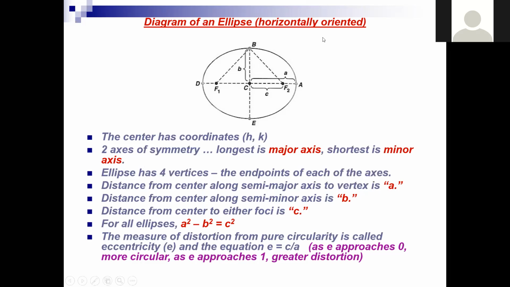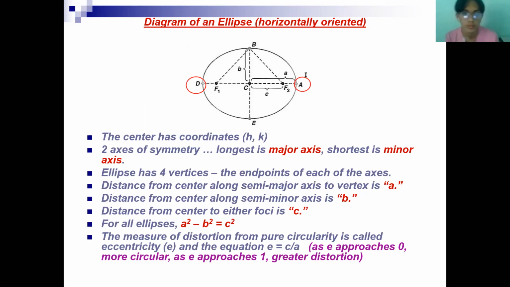Clarifications? By the way, class, with respect to terminologies, allow me to provide terminologies of the following. Starting off with these points, class. Instead of using the A and the D, we will not use that one. Instead, we will use here V, and here we will use the coordinates V prime.